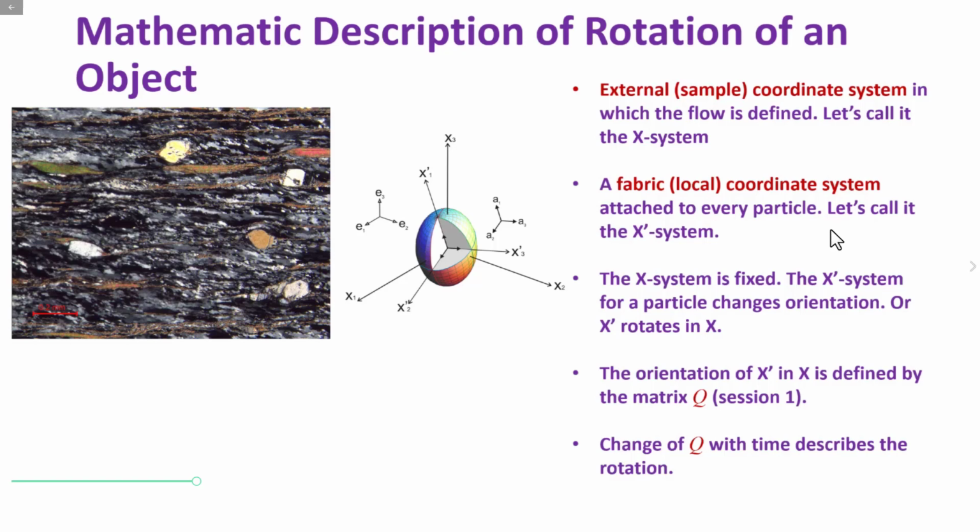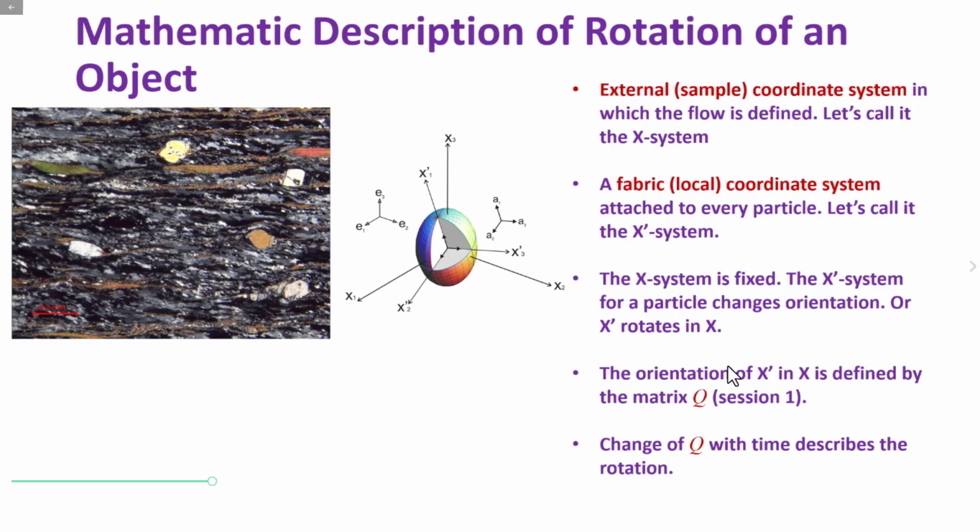Let us call the external coordinate system the X system, and the fabric ellipsoid coordinate system the X prime system. With these two coordinate systems, we can now speak of the orientation of the fabric element in the external coordinate system. So we can speak of the orientation of X prime with respect to X.